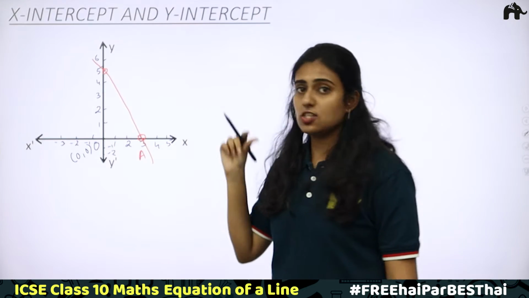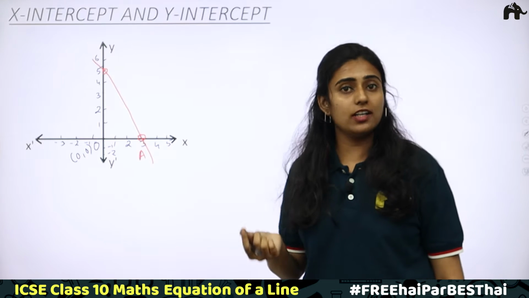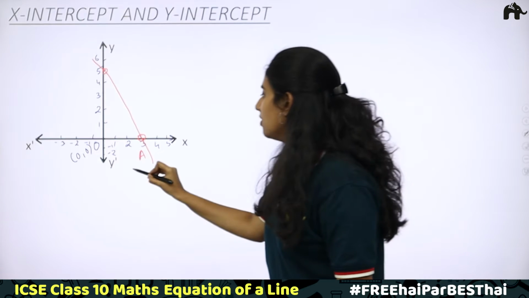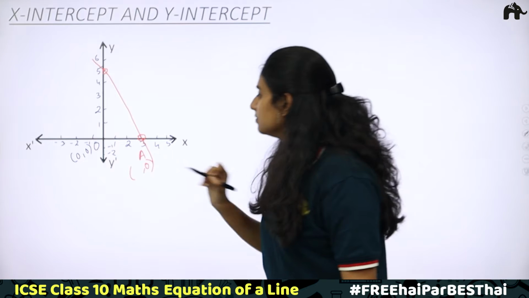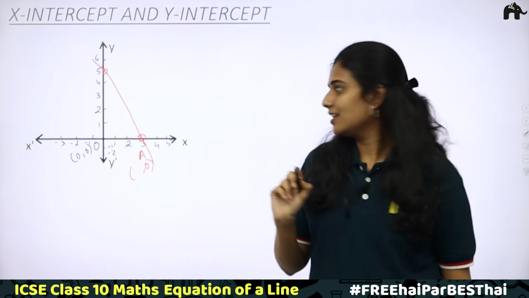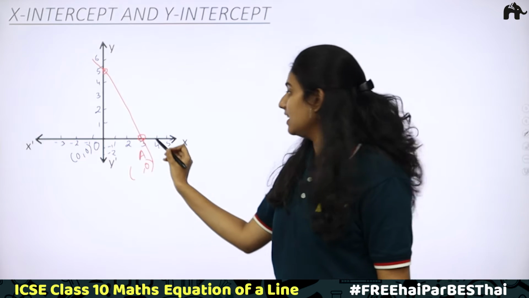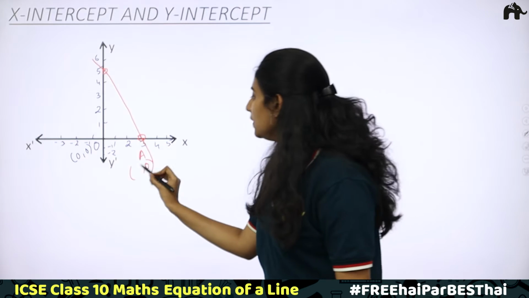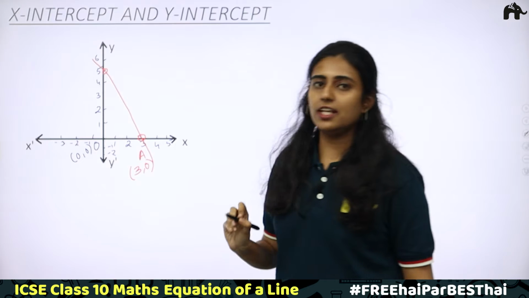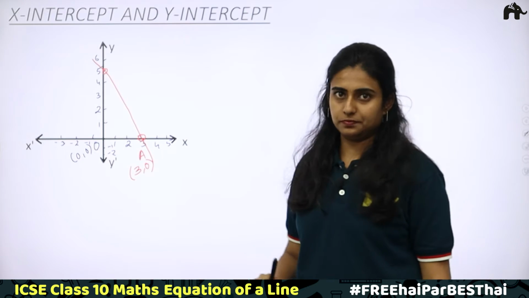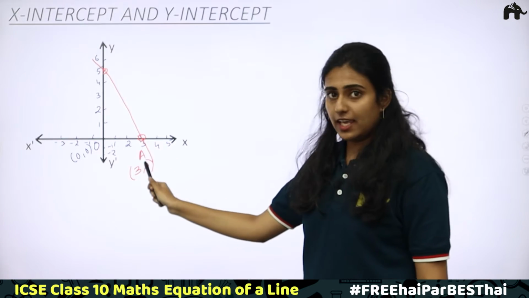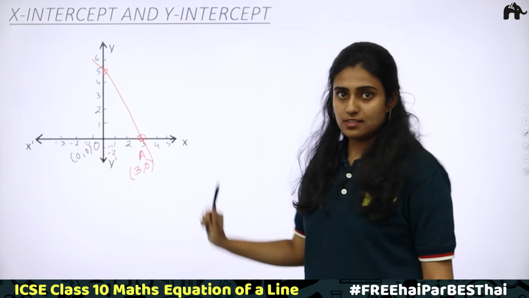A point that lies on the x-axis has the y-coordinate, or the ordinate, equal to 0. What about the x-coordinate? It is the distance from the origin along the x-axis. Here we have 3 units, so the x-coordinate, or the abscissa, is equal to 3. So for the point A, we have coordinates (3, 0).